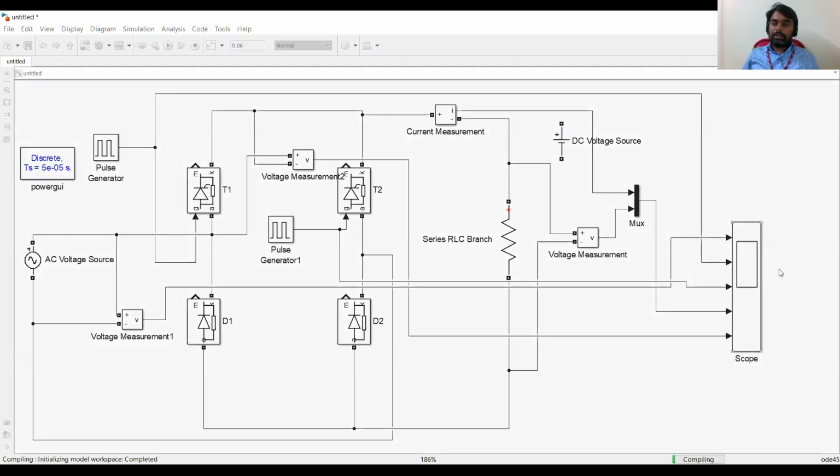If I click on this run button, the model will run and you will see the output voltages, output currents, everything in the scope. So if you click on this scope, I can see the waveforms. I'm going to share that waveform.